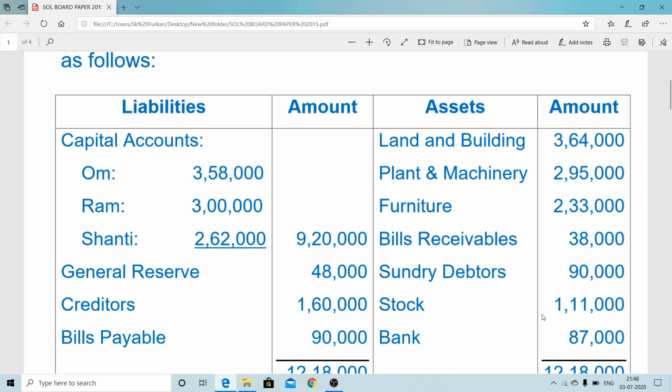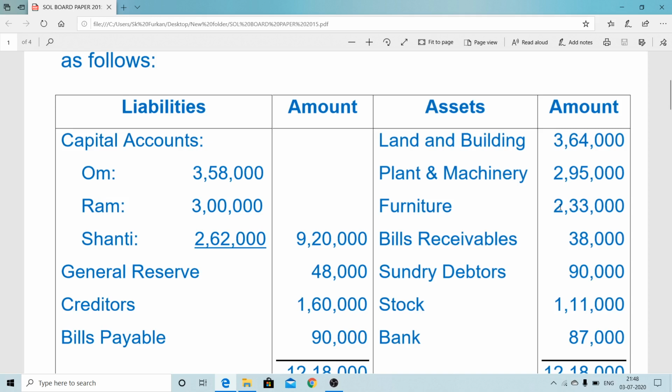So we have to decrease that 22,200 from the stock, and furniture is 2,33,000. Thereupon 20% comes to 46,600. So we have to decrease that from here.